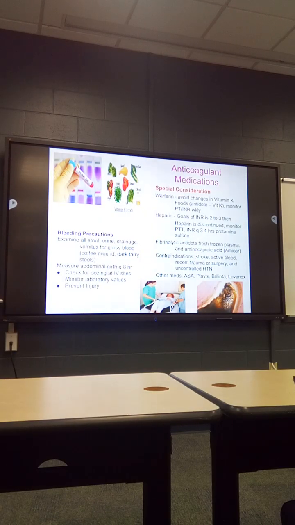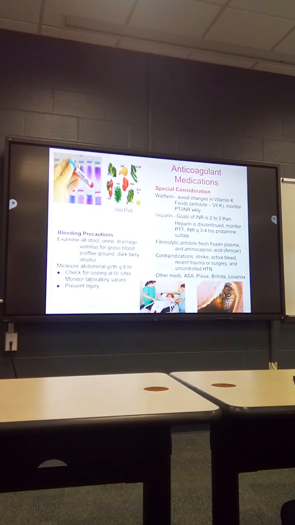PTT. Coumadin or warfarin, WARFARIN, what's left is 2 more fingers, PT. So if you're ever wondering which lab result do I look for with each medication, use your 10 fingers. Okay?